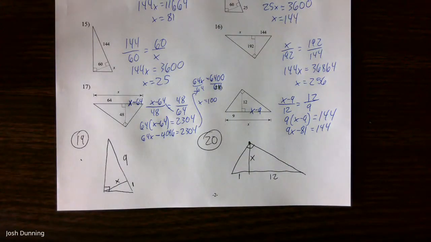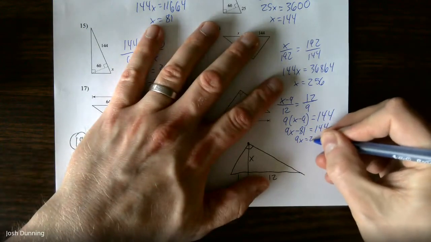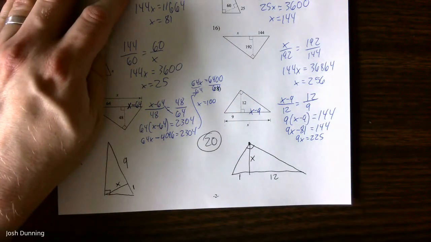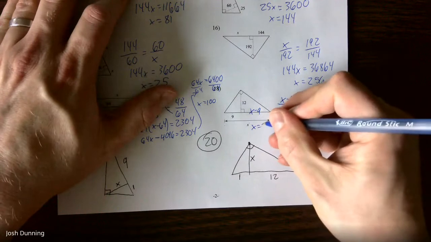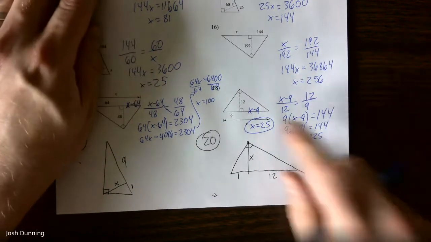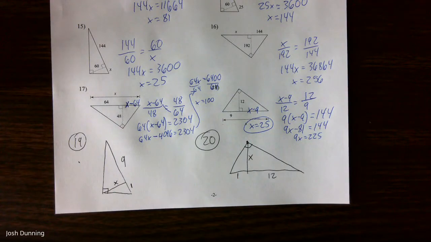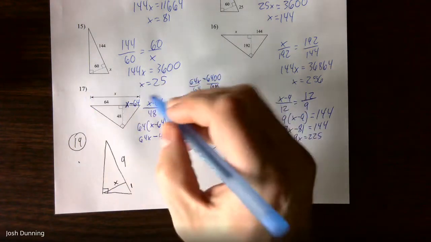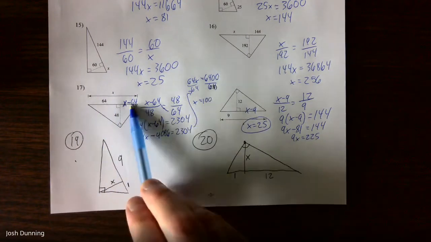I'm going to add the 81 to the 144. Divide by 9. x equals 25. So that's one twist for these they can give you. If they give you the whole hypotenuse, do the whole hypotenuse minus one part to get the other part.